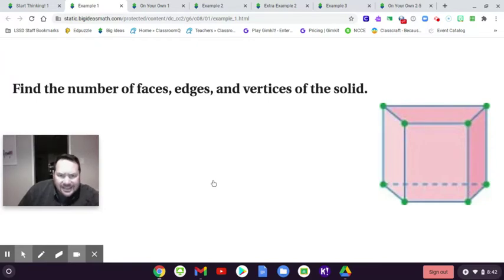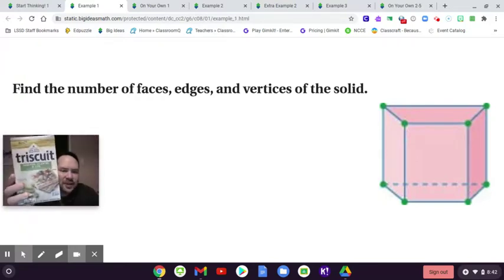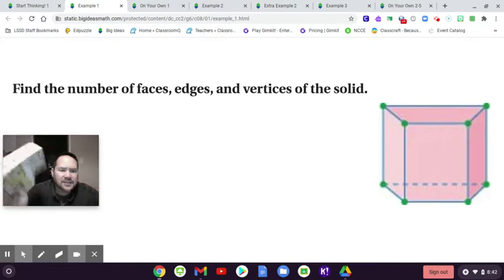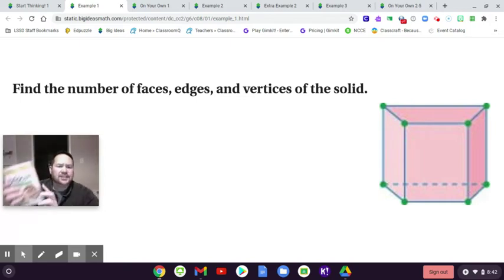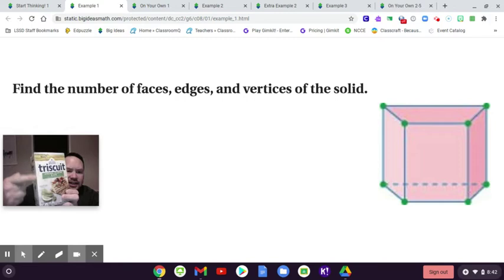So the faces are all of, we would call them sides if it were a two-dimensional shape. So like this front here of this Triscuit box is one of the faces. So this Triscuit box has 6 faces. It's got the front, the back, the left, the right, the top, and the bottom. Now edges are along the sides here. It's kind of where 2 faces meet.